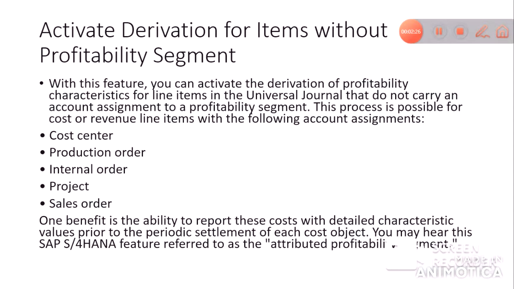Activate derivation for items without profitability segment. With this feature, you can activate the derivation of profitability characteristics for line items in the Universal Journal that do not carry an account assignment to a profitability segment. This process is possible for cost or revenue line items with the following account assignments: cost center, production order, internal order, project, and sales order.